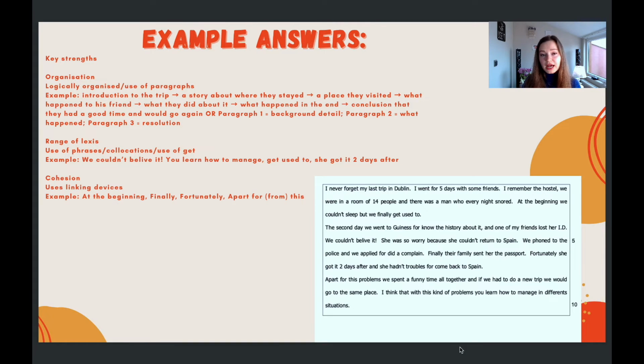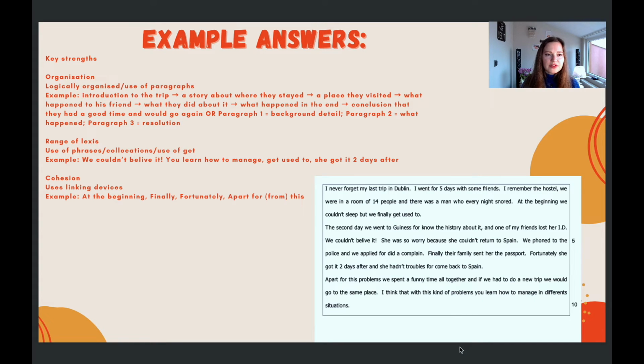Or, alternatively, you can show it as an example in a different way. Paragraph 1, background detail. Paragraph 2, what happened, and paragraph 3, resolution. It's totally up to you how you will depict it in your answer, though you can see that one way or another is easier for you.